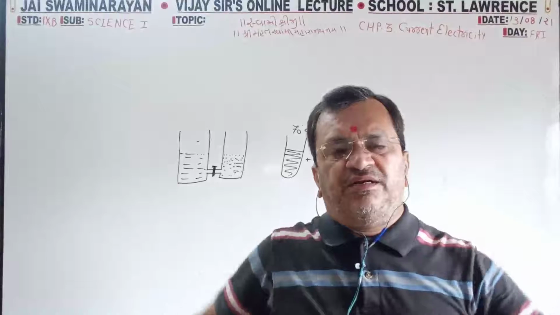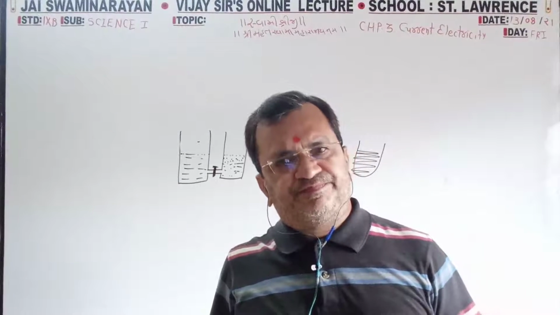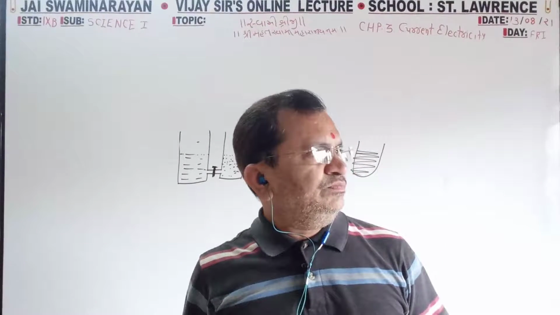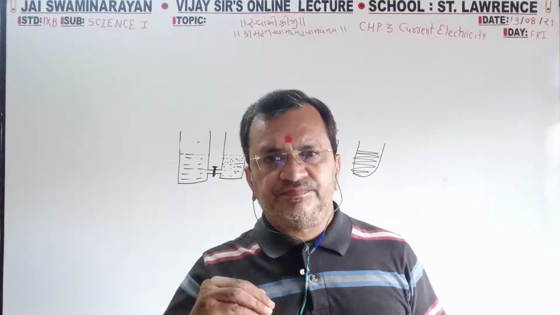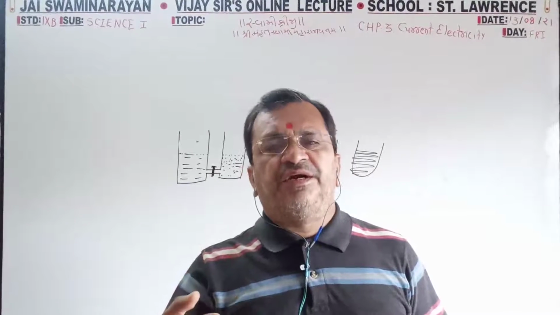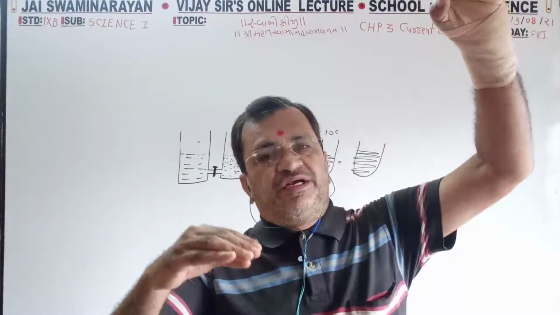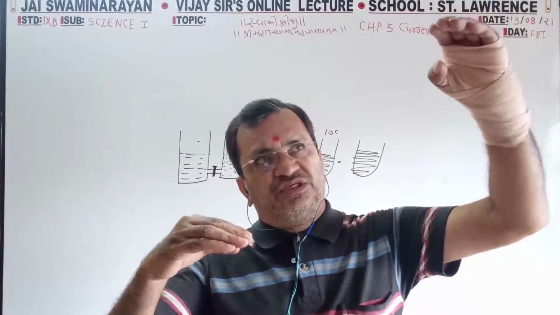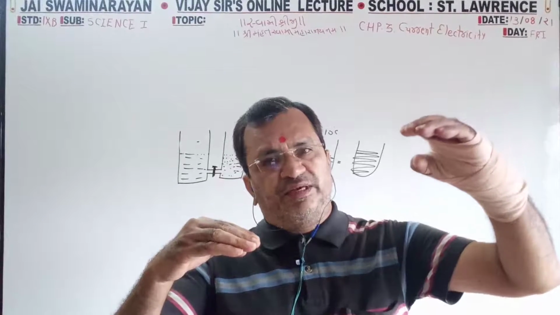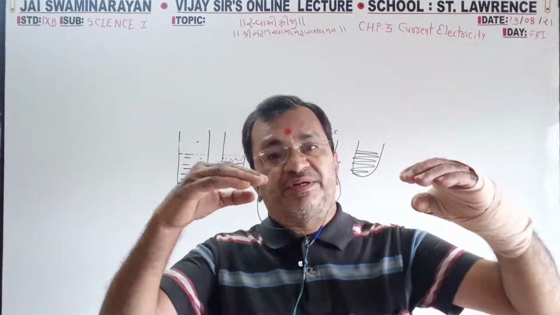Mix it in one big beaker. The temperature will be lesser than 70, more than 10. So 70 degree is the higher level, 10 degree is the lower level. This will lose temperature, this will gain temperature.